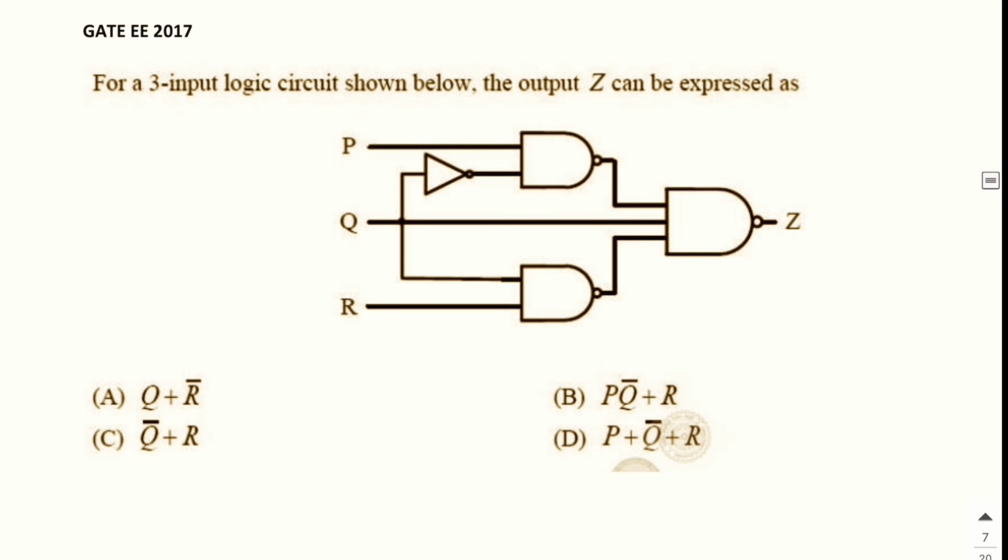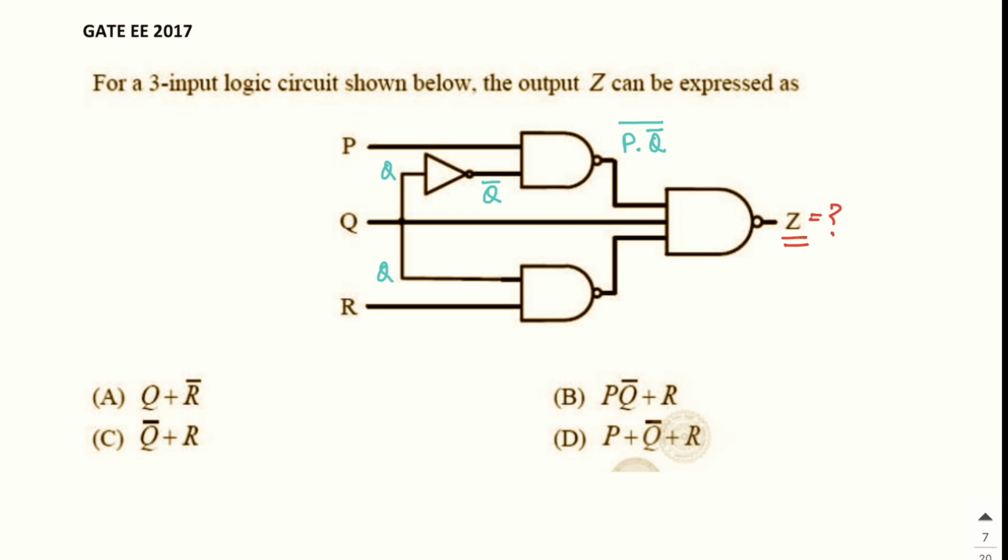We have a 3-input logic circuit given to us, and again it is a similar type. We have to find out what the expression for Z is. The Q input is going to both the gates, and this is a NOT gate, so the output will be Q complement, and from the NAND gate the output will be P dot Q bar whole bar.